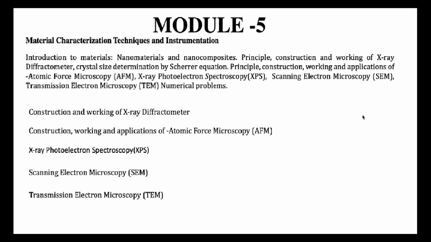In this, they may ask you to write down construction and working of X-ray diffractometer, or construction and working of AFM, or construction and working of X-ray photoelectron spectroscopy, or construction and working of scanning electron microscopy, or construction and working of transmission electron microscopy. These are the important concepts you must prepare in module number 5.